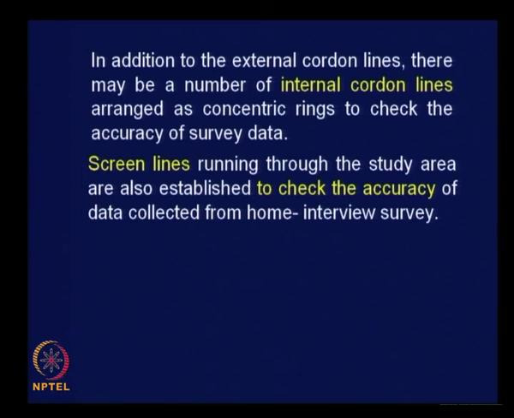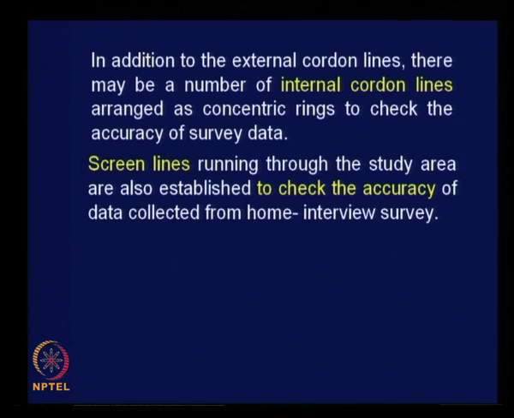Screen lines running through the study area are also established to check the accuracy of data collected from home interview survey, right. You know what screen lines are now, and let us say a railway line is dividing your study area into two halves.